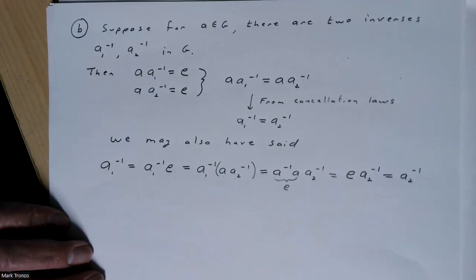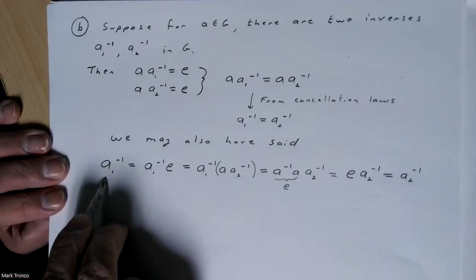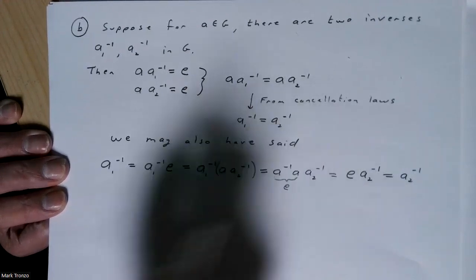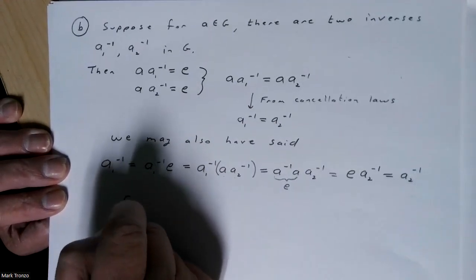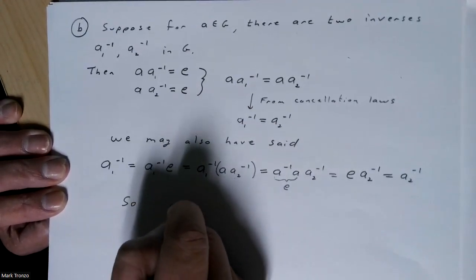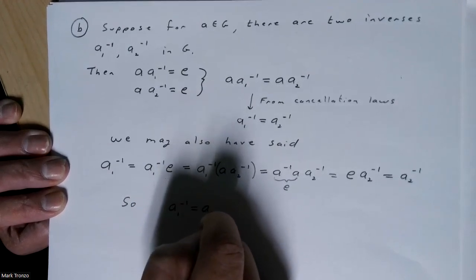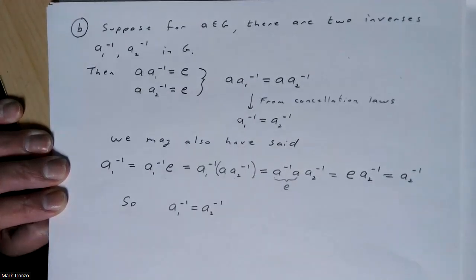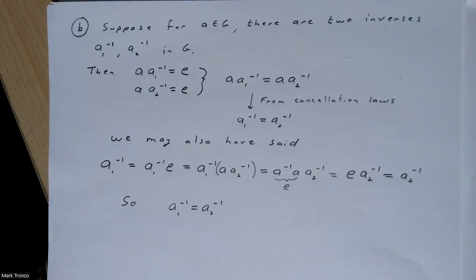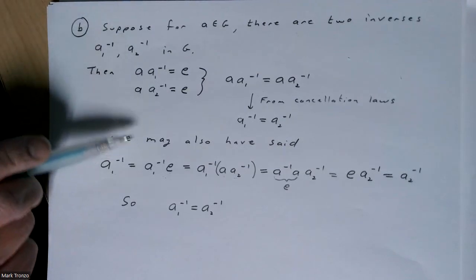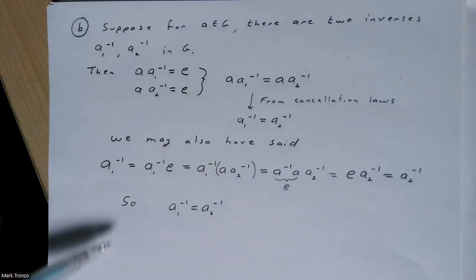So what we ended up having here is A1 inverse is equal to A2 inverse. So again, it shows that the inverse is unique. So we did it this way up here. We also could have done it that way.